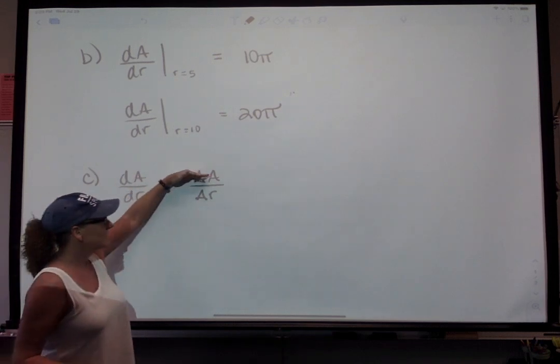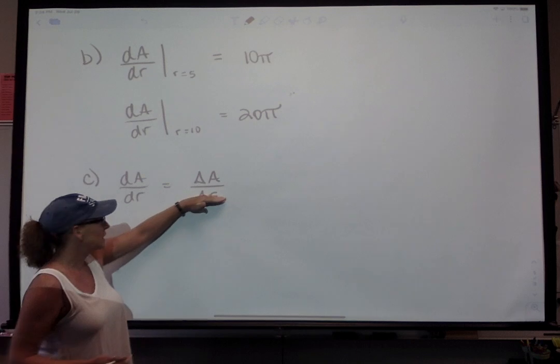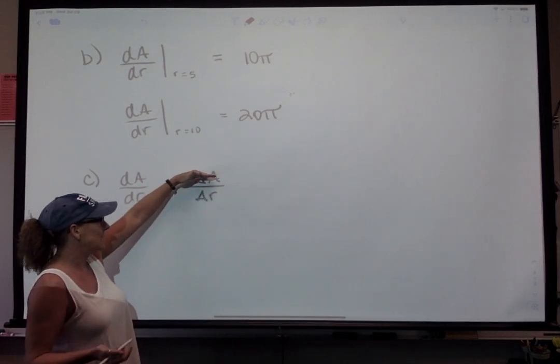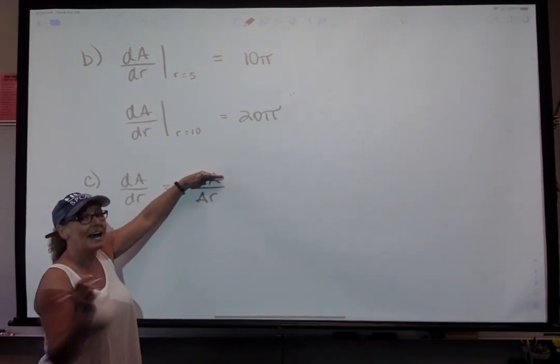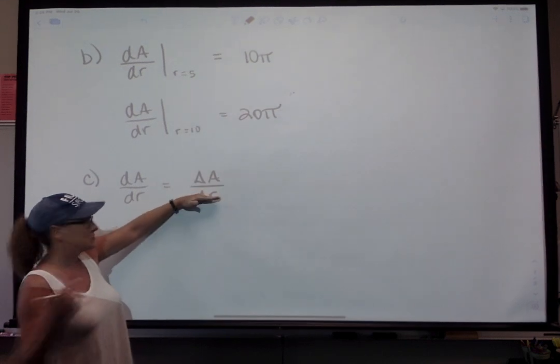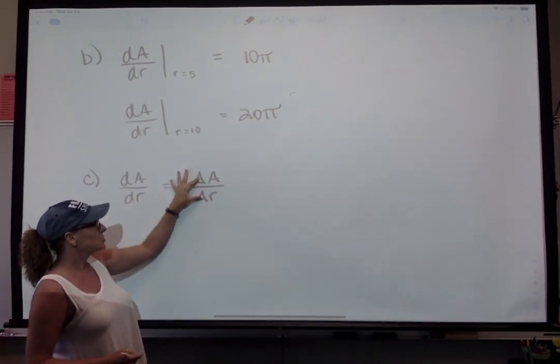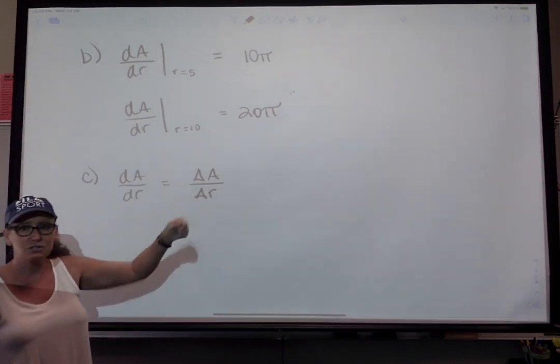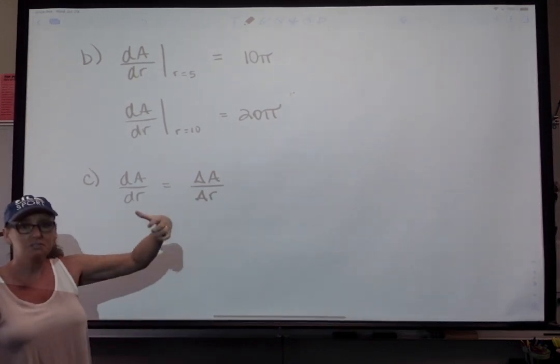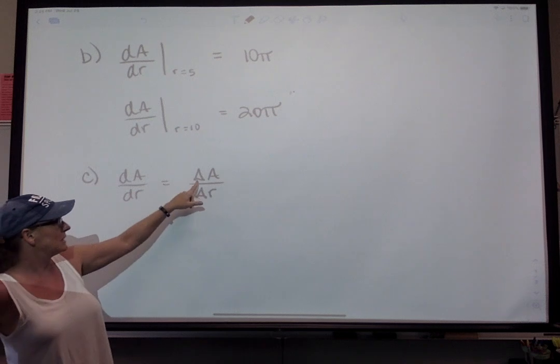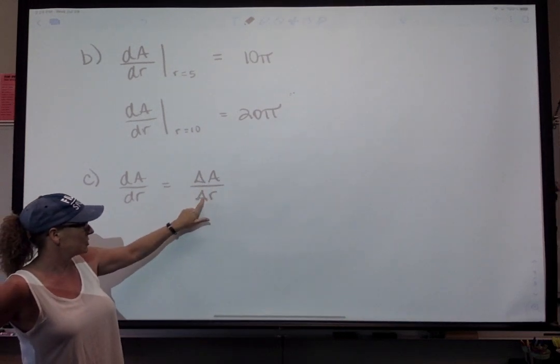It's just like changing my y values over changing my x values, except now I'm looking at changing my A values over changing my R values. And I hope that you all are okay. I'm sure in science classes you've used enough delta for you to understand that that means the change in, and the change in.